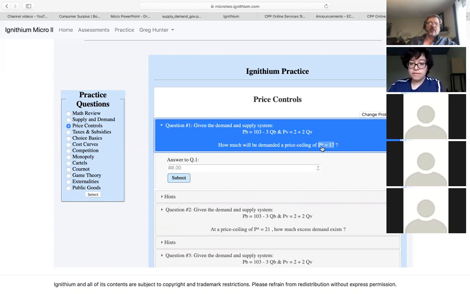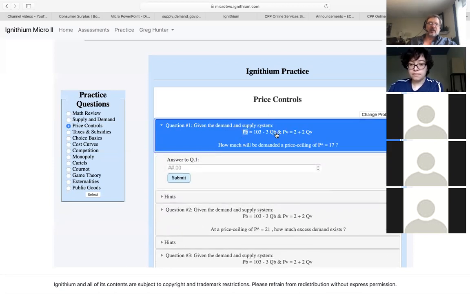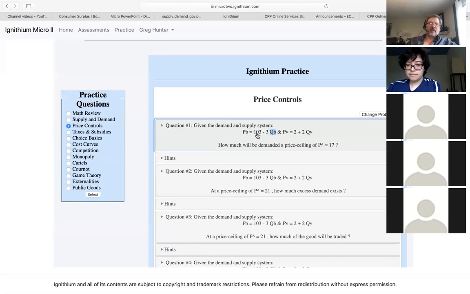Yeah, you just substituted in the price ceiling price. If buyers face a price of 17, you plug that in for PB here, and then you find the resulting Q, because that's just an equation with only one unknown. So you can just solve for it. It's going to be 103 minus 17 divided by 3. And what did you get? I got 28.667.